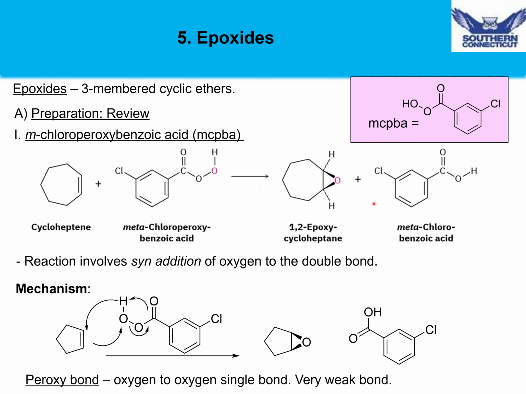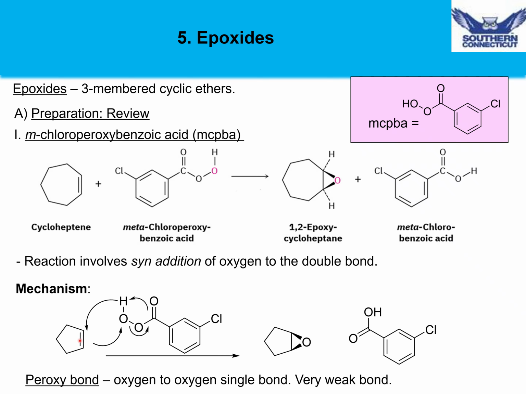The reaction is said to be a syn addition of the oxygen, in particular this oxygen here from MCPBA. Both bonds between the oxygen and the two carbons that used to be part of the double bond will be added from the same side. Therefore, it is a syn addition of that oxygen.